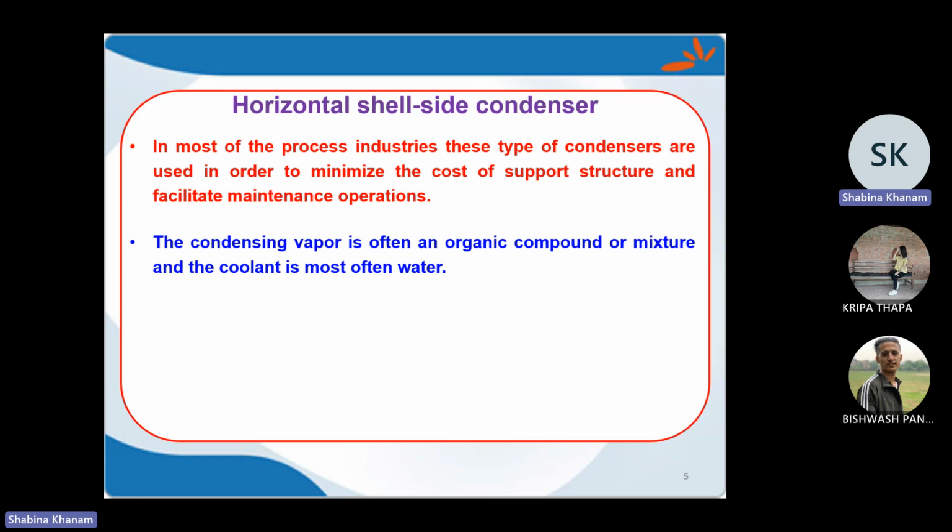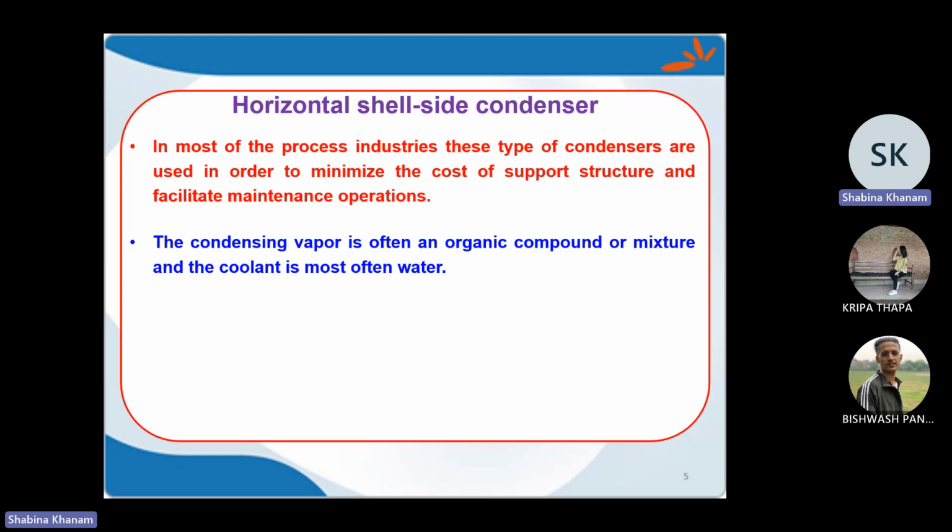So if we compare the corrosive nature of vapor and water, or if corrosive tendency you are not aware of, you can compare fouling, right? So fouling will be more in case of water.